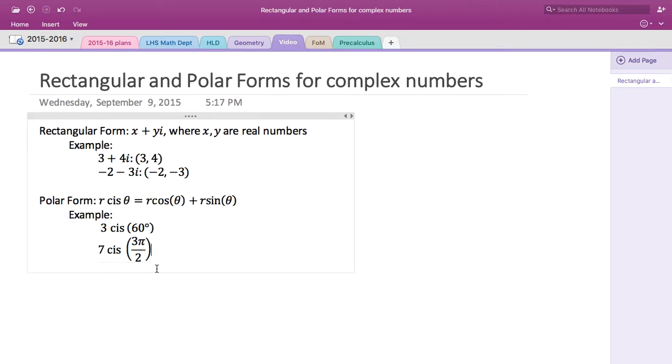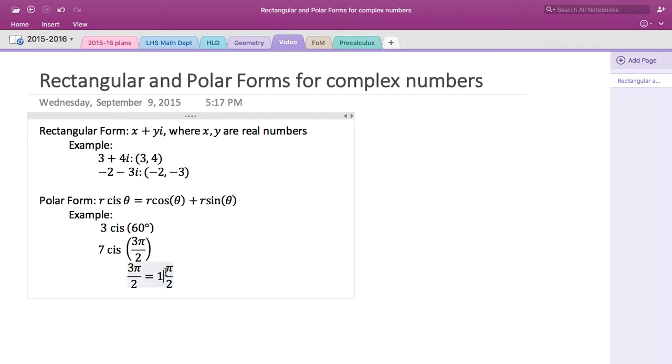So 3 pi over 2 is what? That equals 1 and a half pi.